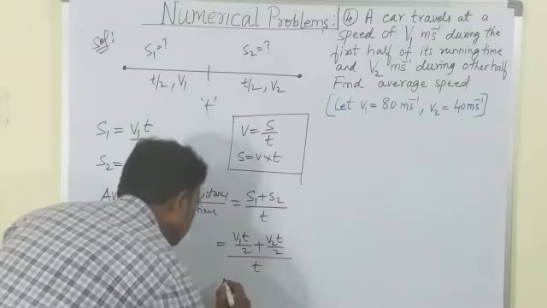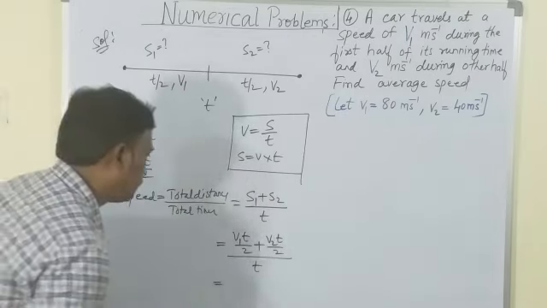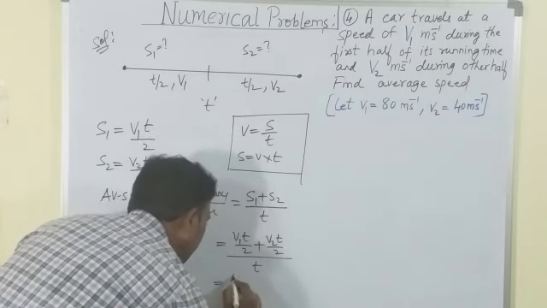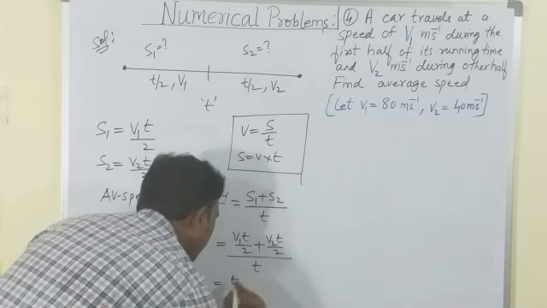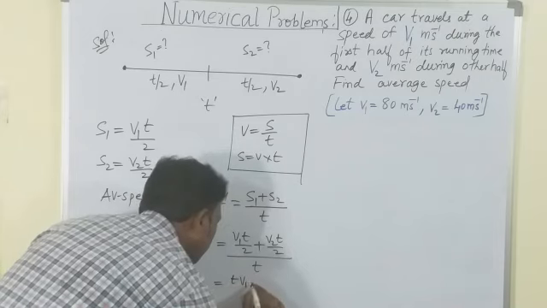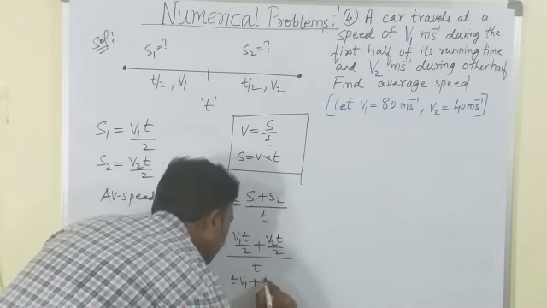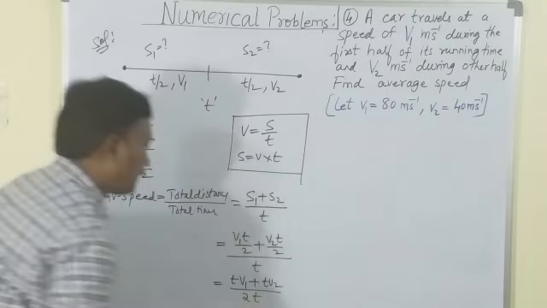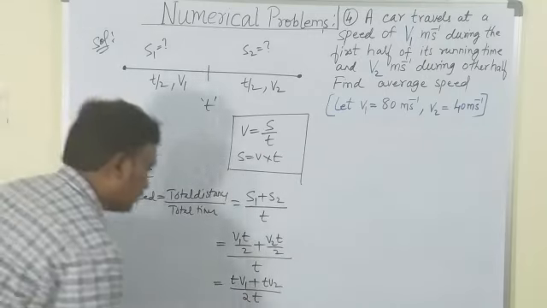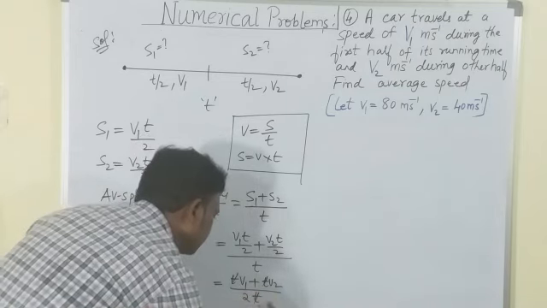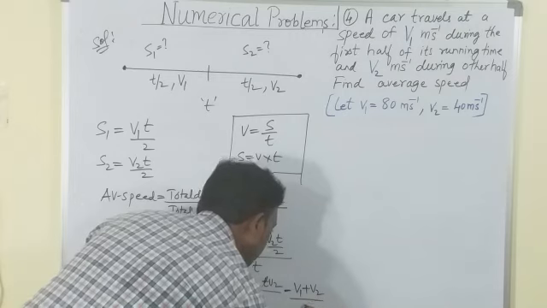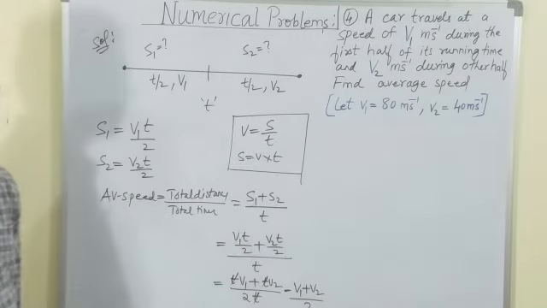So here we are going to get t v1 plus t v2 by 2t. Now the t is getting cancelled and you are getting v1 plus v2 by 2.